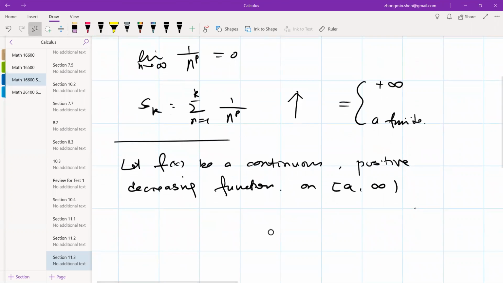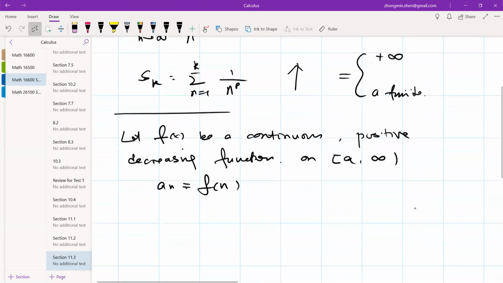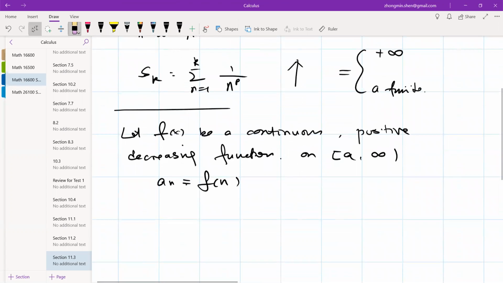Then we consider this series, and let's assume that it's from capital N, so n is greater than or equal to capital N. But I want to use a function to check whether the series is convergent or not, okay?